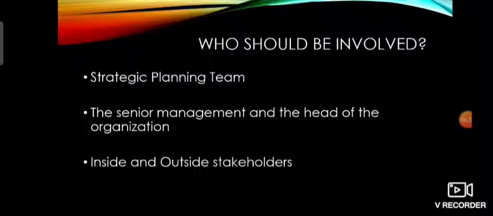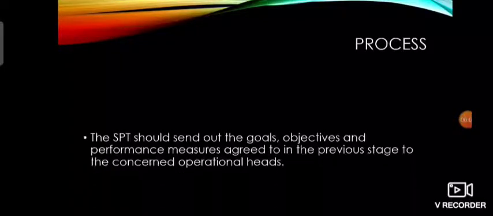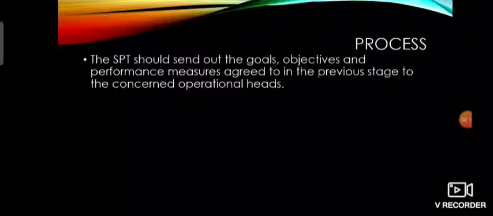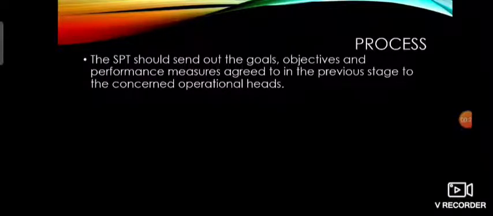Okay. Now let's talk about the process of the implementation matrix. So the processes involved are as follows. So let's take a look at it. The SPT, or the strategic planning team, should send out the goals, objectives, and performance measures that were agreed upon in a previous stage to the concerned operational units or heads.